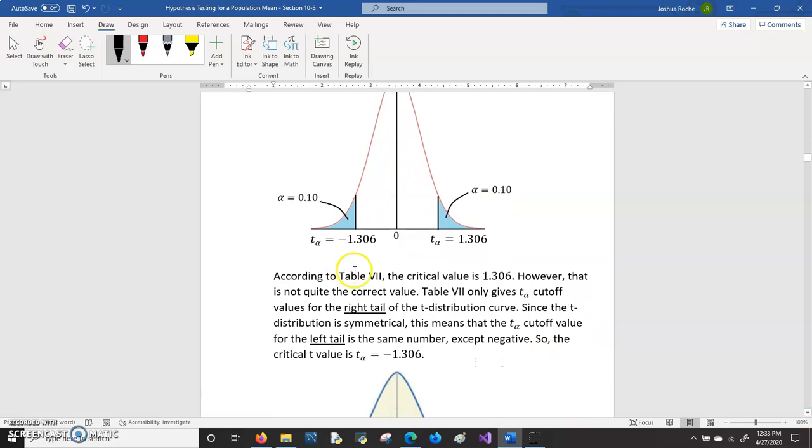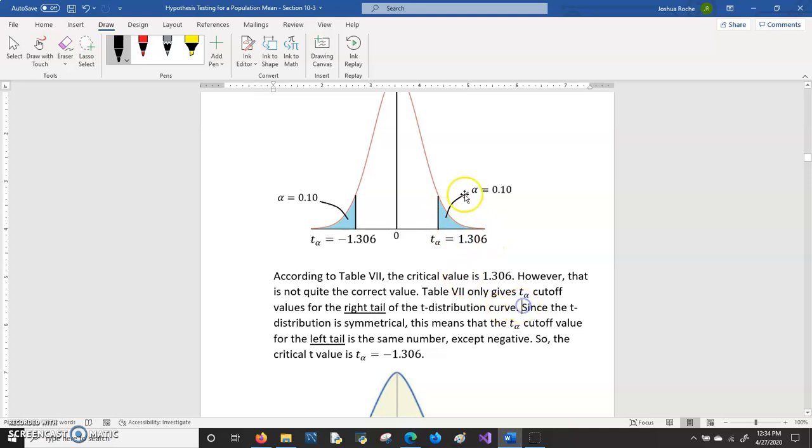So according to table 7, our critical value is 1.306, but this is not quite the correct value. Table 7 gives you the t cutoff values for the right tail of a distribution curve. So what we just found out from the table is that on the right side of the curve, if alpha was 0.10 for the right tail, the cutoff would be 1.306.